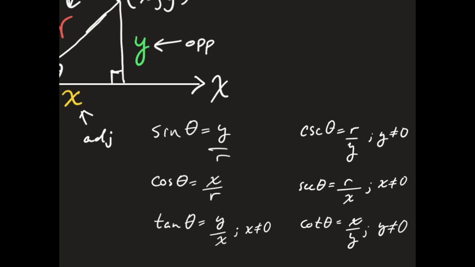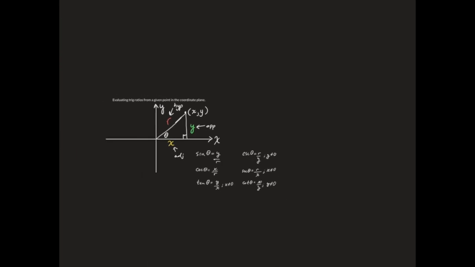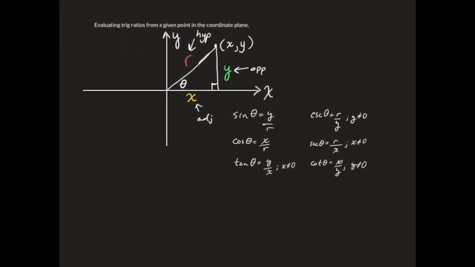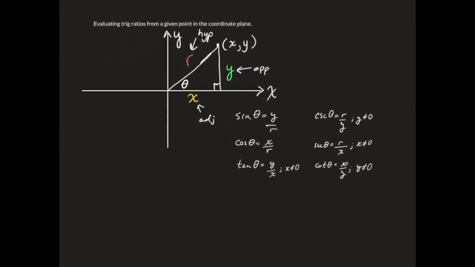So what we're looking at here is the diagram of the generic right triangle that sits in a quadrant, and the generic definitions based on x and y values for any right triangle that lands in any quadrant.